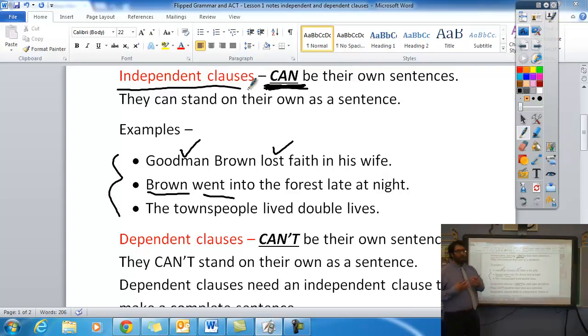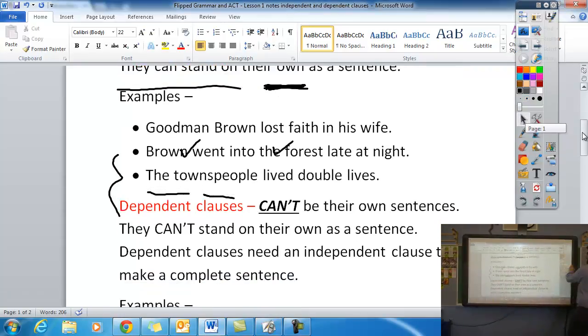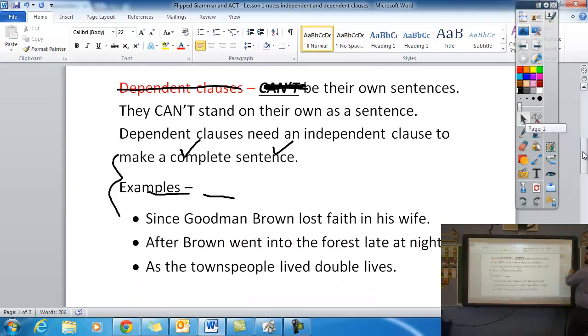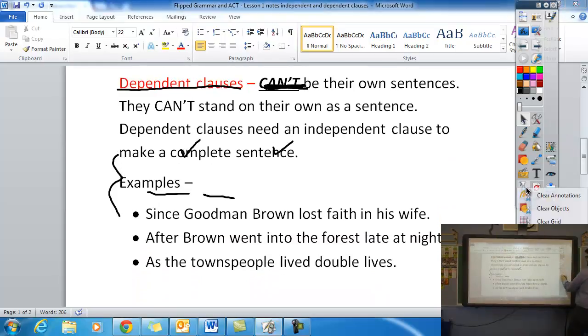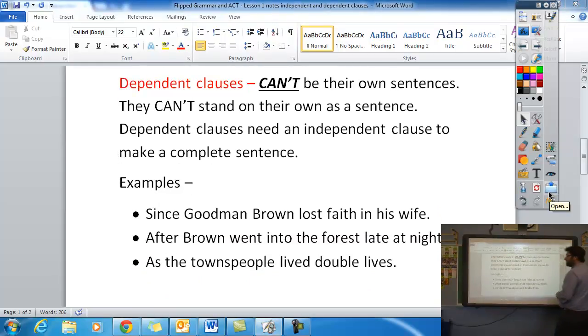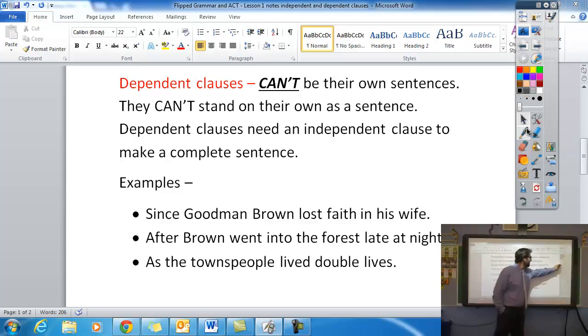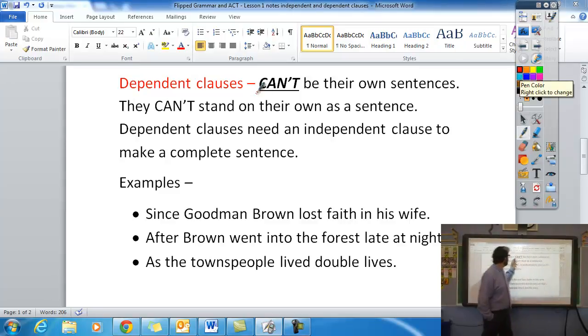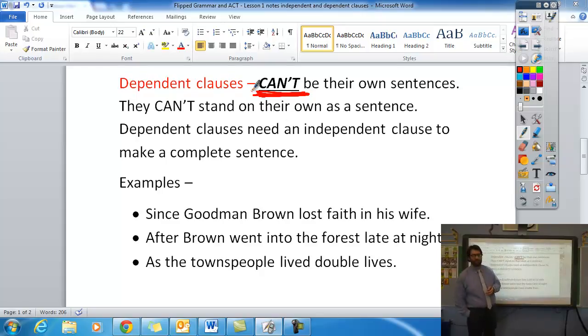So that brings us to the second kind of clause that we're going to be dealing with, dependent clauses, all right? Dependent clauses are the exact opposite, right? They cannot be their own sentence.